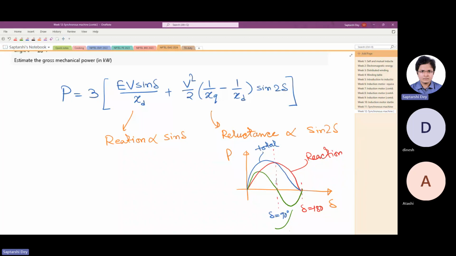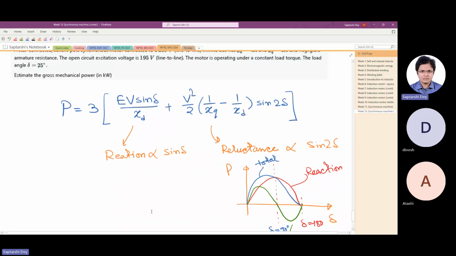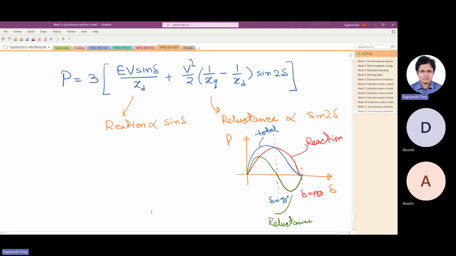Since the IPM is run by an inverter, you can easily maintain and control it close to 90 degree, or at 90 degree actually. But that does not mean that you will see unity power factor at the terminal. That does not ensure maximum power. Maximum power means current should be in phase with E, the back EMF.